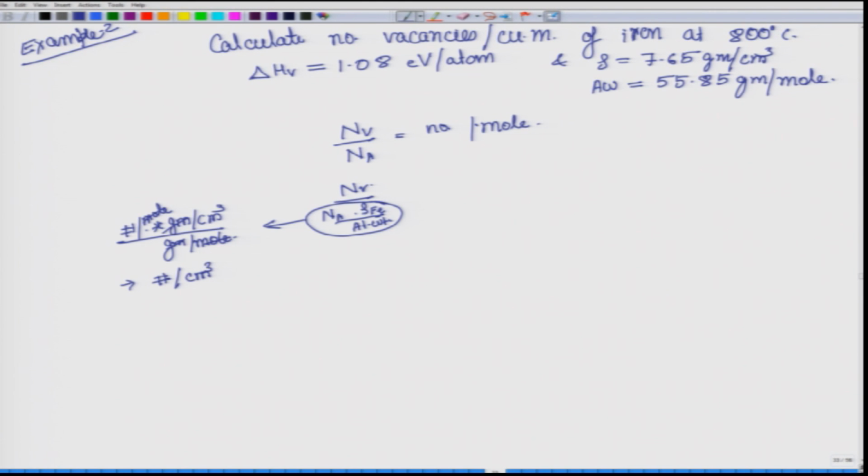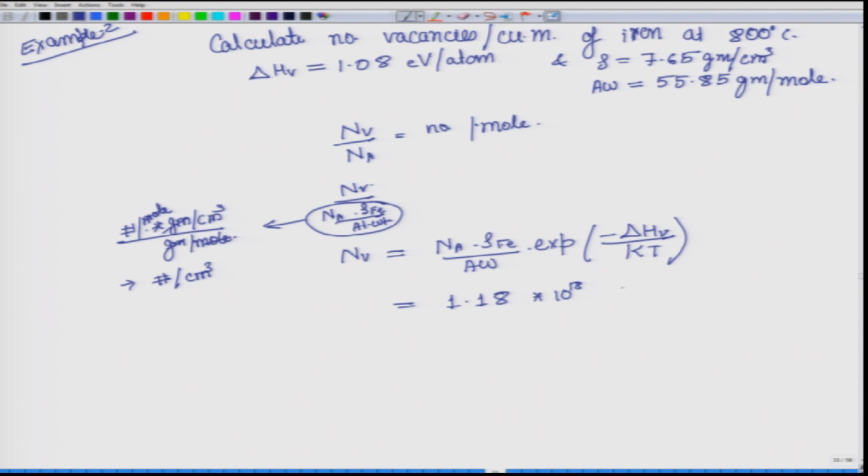So, we can simply multiply with this factor, rho Fe. So, this is what we will do: Nv is equal to Na into rho Fe, and since we are not given delta S by R, we will assume that it is too small to be taken into account, and we will simply calculate like this. And what you will see is that you will get a quantity like this.